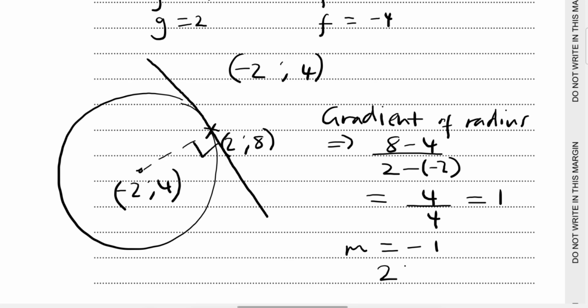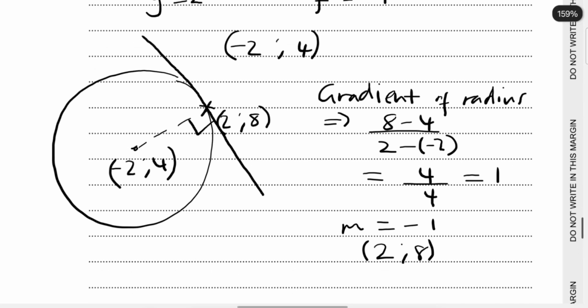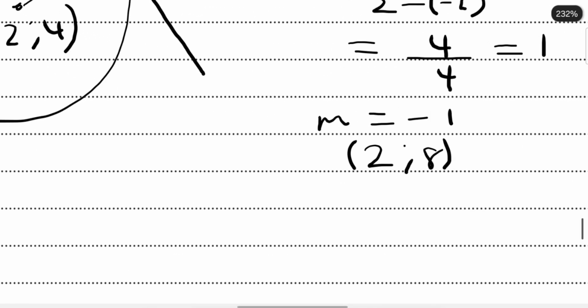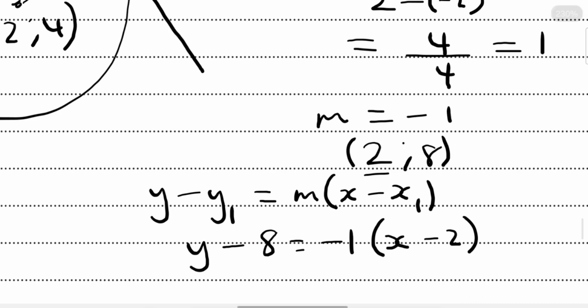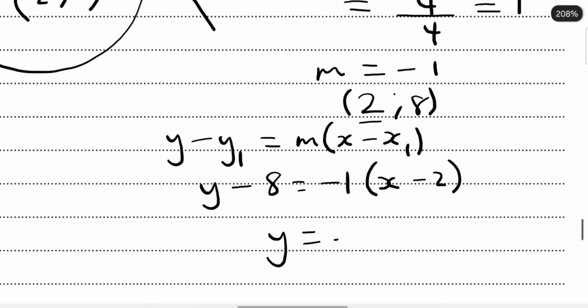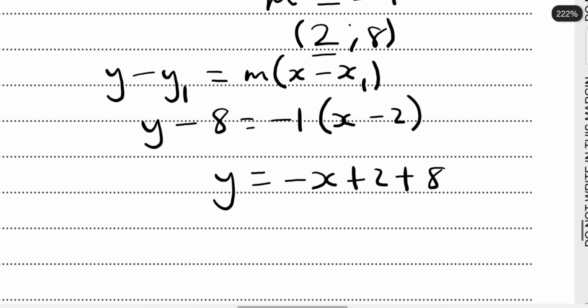And we're going to be using the point (2, 8). So to find the equation now, we use y minus y1 equals m(x minus x1). So y minus y1, which is 8, equals m, which is minus 1, times x minus this x, which is 2. So y is equal to minus x plus 2 plus 8, right?